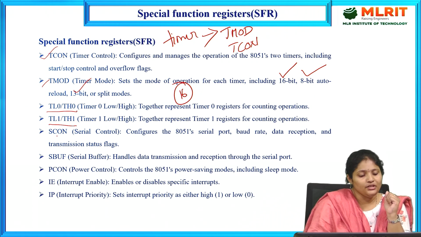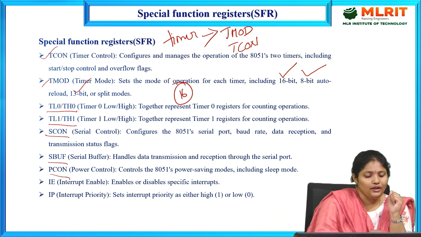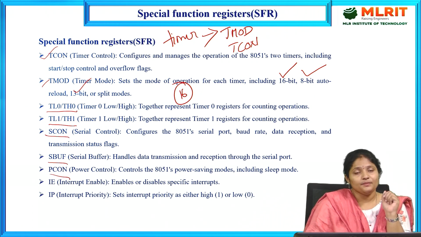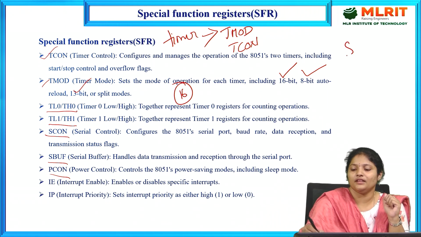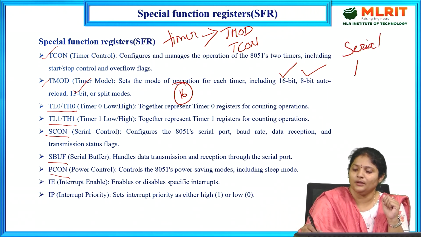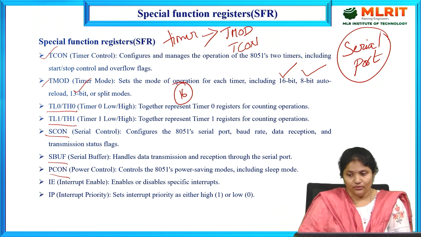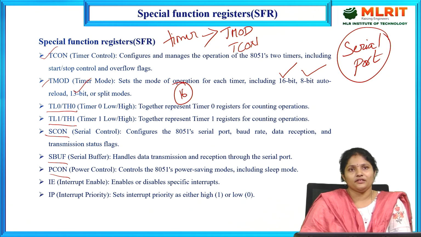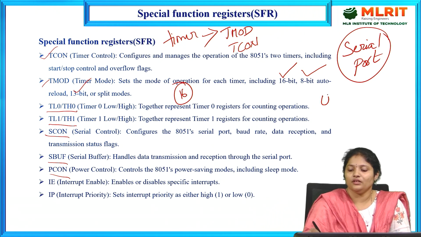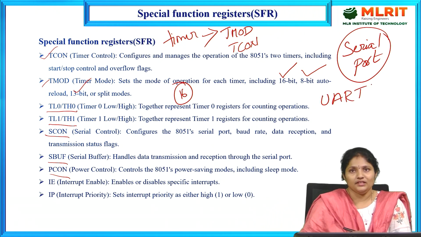Next, coming to SCON, SBUF and PCON. These 3 special function registers come under the serial communication port, or serial port. As already told, the serial port supports communication from the 8051 microcontroller to other peripheral devices. It supports UART, Universal Asynchronous Receiver Transmitter.